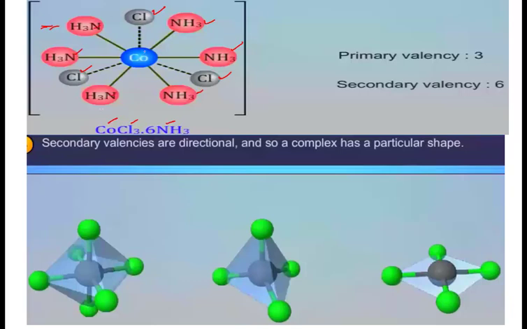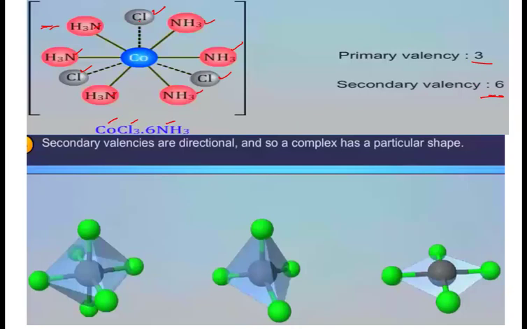So what will be the charge on this complex ion? After removal of these 3 chloride ions, primary valency will be 3, whereas secondary valency number will be 6, as there are 6 NH3 molecules.